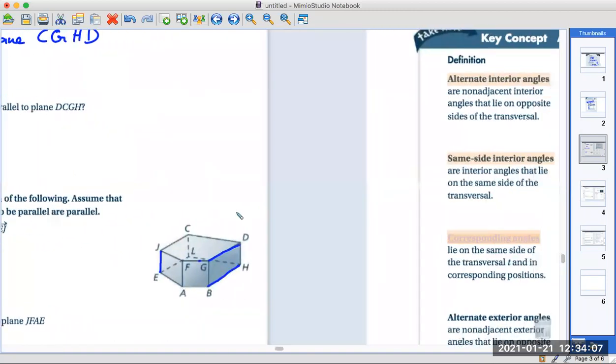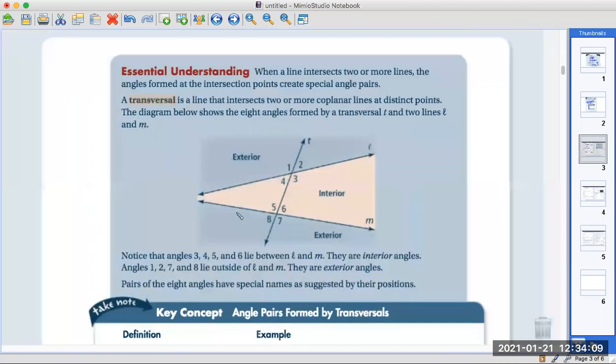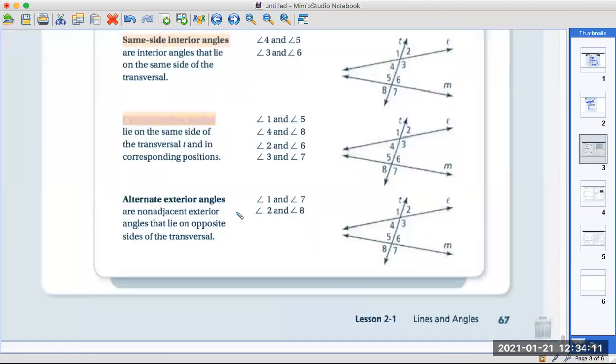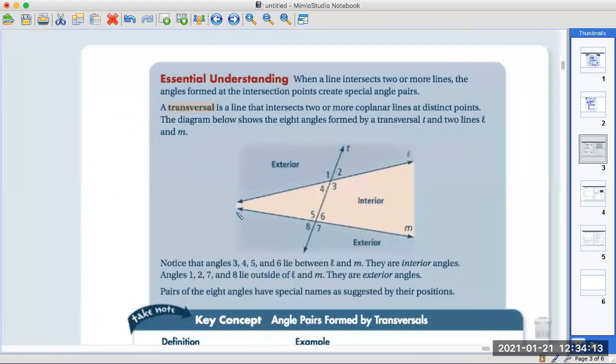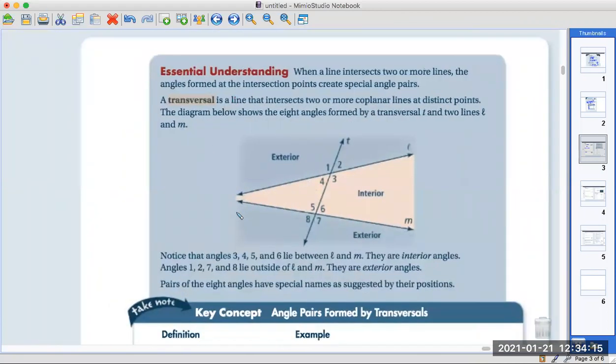Okay, I'm moving on to the next page up on top. This is important. This is page 67. This is where we're going to learn about angle pairs and transversals. Let's read that. When a line intersects 2 or more lines, the angles formed at the intersection points create special angle pairs. So your job is to know what those angle pairs are called.